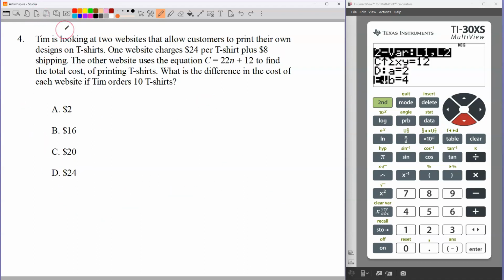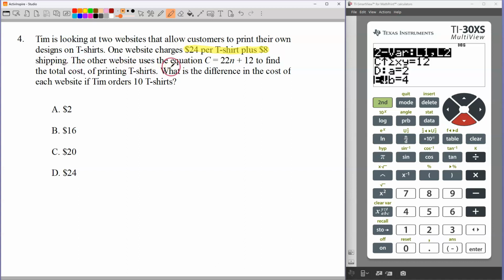It says the following. Tim is looking at two websites that allow customers to print their own designs on t-shirts. One website charges $24 per t-shirt plus $8. So that's the first website. I'm going to highlight that. That's the charge for the first website.